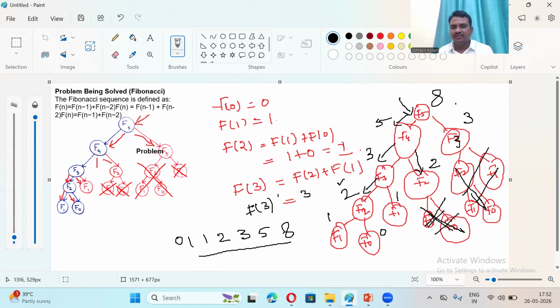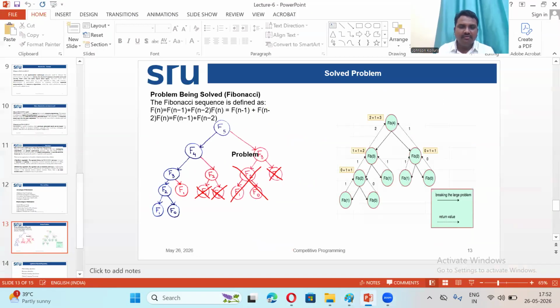Here some steps are reduced. Why are they reduced? Because they are repeated. We already have the values of the subproblems, no need to calculate again. This is an advantage of the memoization concept. I hope you are understanding. f of n is equal to f of n minus 1 plus f of n minus 2.